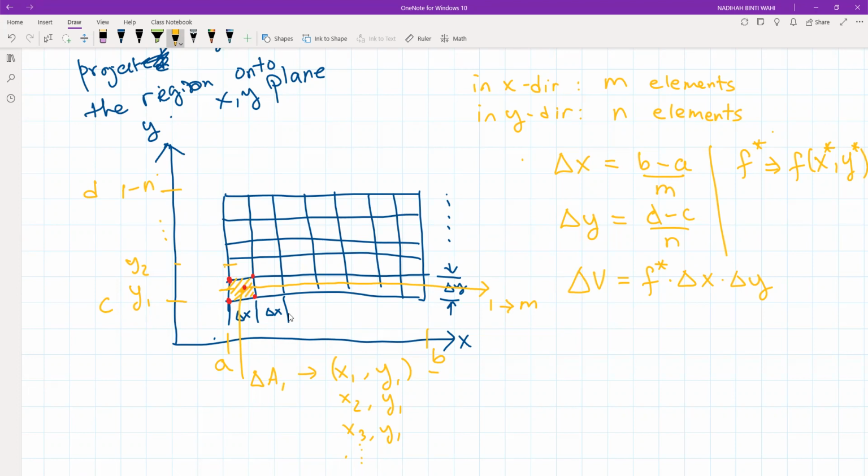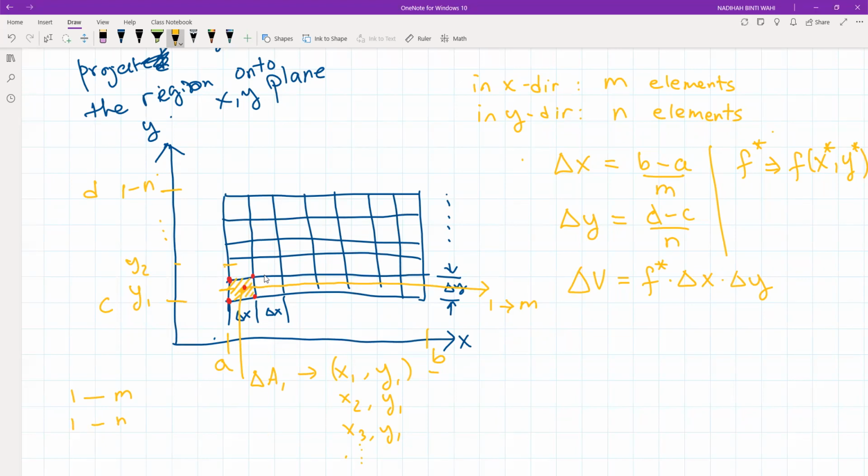Let's say I want to start from 1 until m in x direction, and then I want to start from 1 to n in y direction.